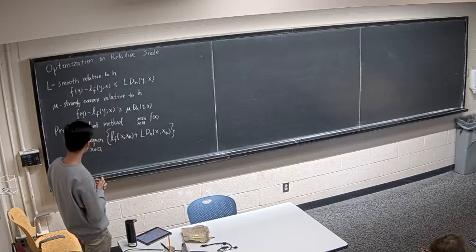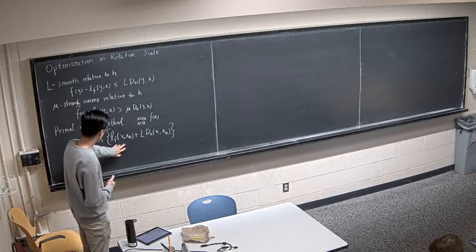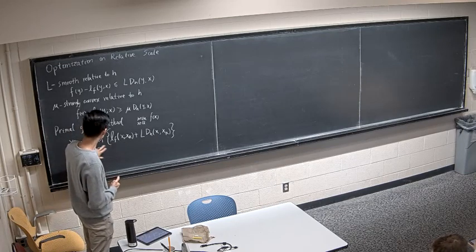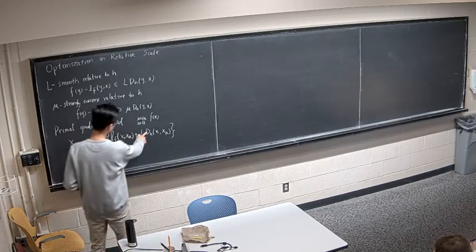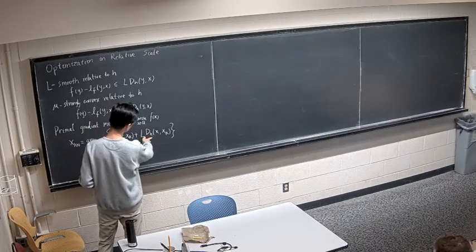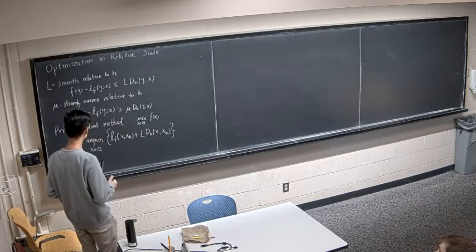But to do this algorithm, there is one important step, that is to solve this argmin. Previously, when h is the Euclidean distance, this is just a quadratic function, so we can easily find the closed form solution.